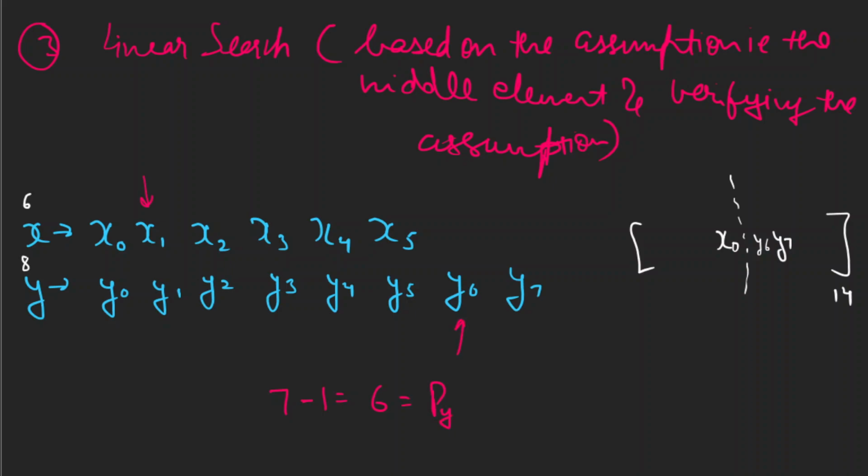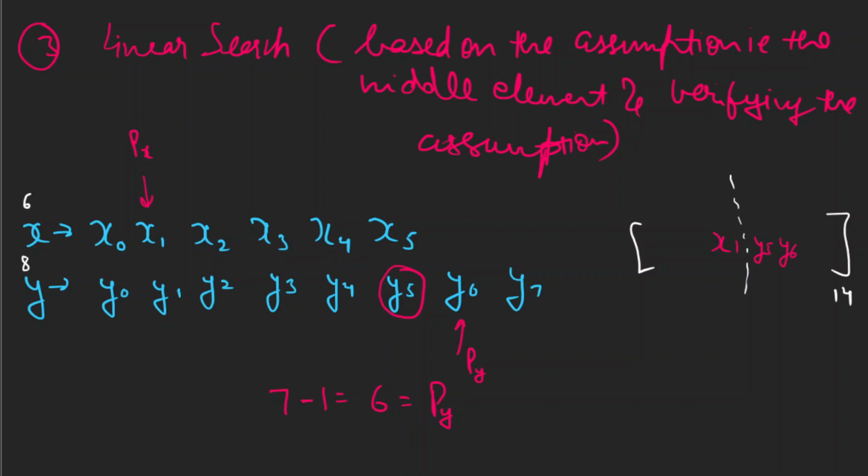So px is pointing on the first index of the x array, and py is pointing on the sixth index of the y array. By this you can observe that this is going to be the max left. So this is going to be y5, this is going to be y6, and this element is going to be x1.